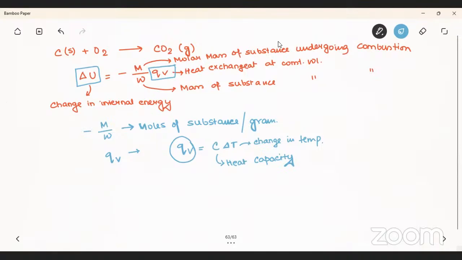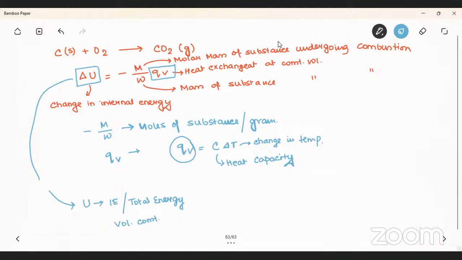Okay, so in bomb calorimeter, total U represents the internal energy or the total energy, which is the summation of kinetic energy, potential energy and everything. Now, in bomb calorimeter, volume is kept constant.